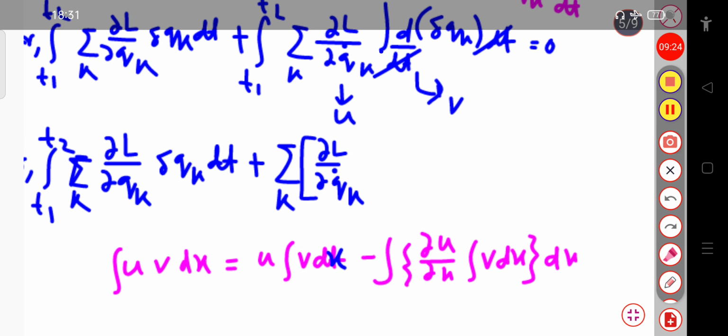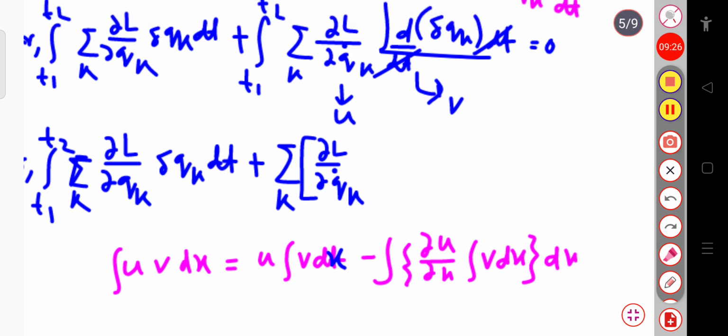Integration of d of delta qk will give delta qk, since you know integration of dx gives x. Similarly, integration of d of delta qk will simply give delta qk.